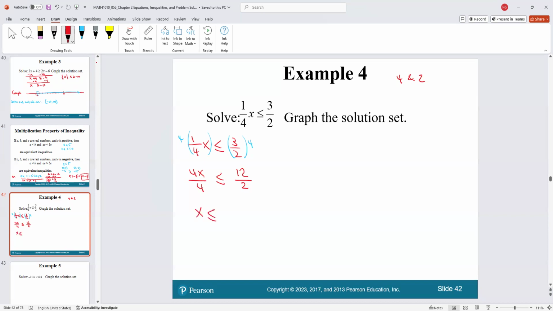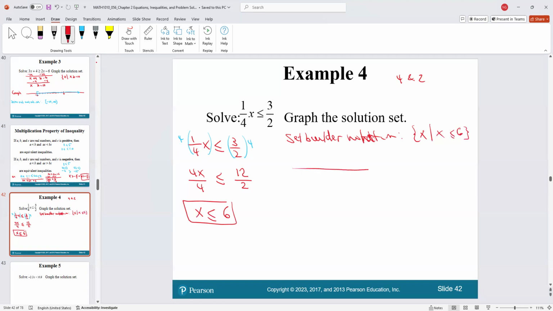It's going to give me the most beautiful 6 ever. Now, this is the solution that I can put into set builder notation. Remember that we can use set builder notation to express it: x such that x ≤ 6.